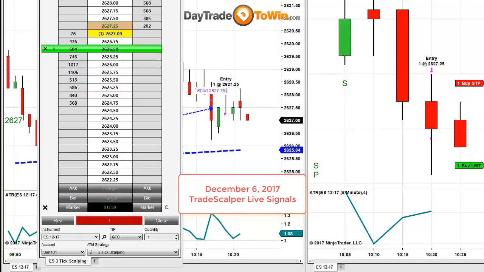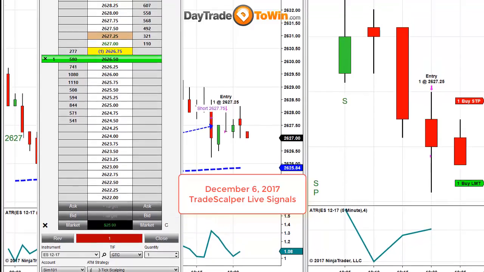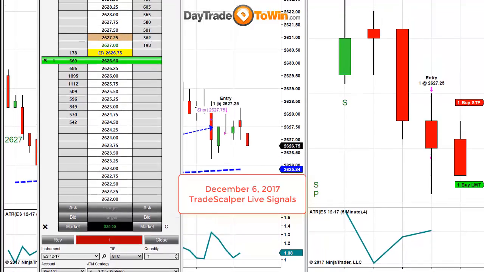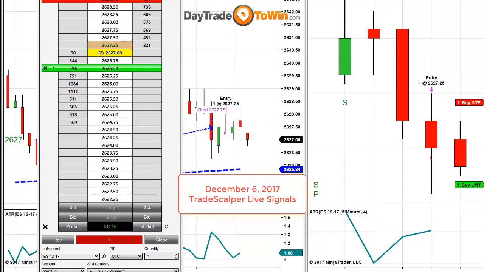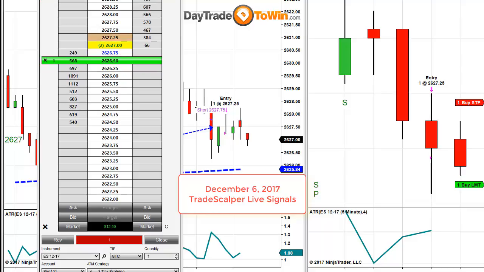And if it doesn't happen, I would say typically within 10 minutes, that's a good indication as a scalping strategy to get out. Now, sometimes it's just 5 minutes, sometimes it's, let's say, 12 minutes, but you shouldn't hold on to this trade scalper signal for an hour or half hour.